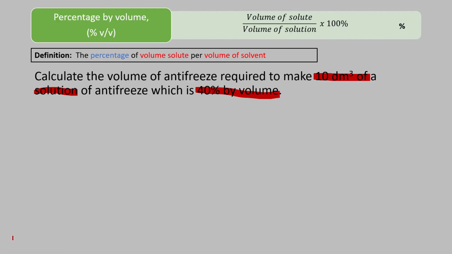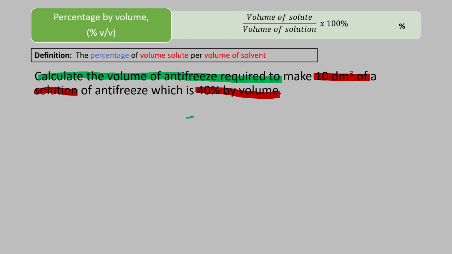And then the actual question is in green: calculate the volume of antifreeze required. The question is not necessarily in the last sentence. Sometimes it is at the beginning.